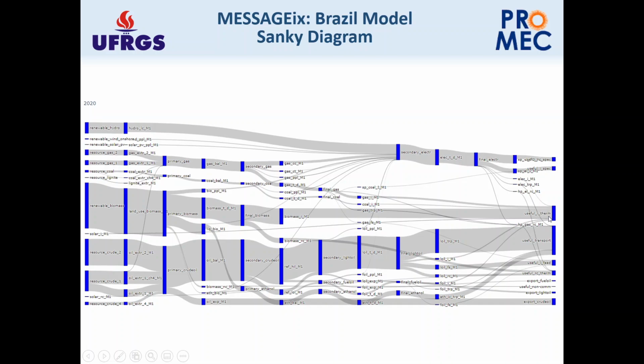Electricity is used in industry, and it comes from biomass. This is hydropower. Renewable hydroelectric goes mostly to electricity also.